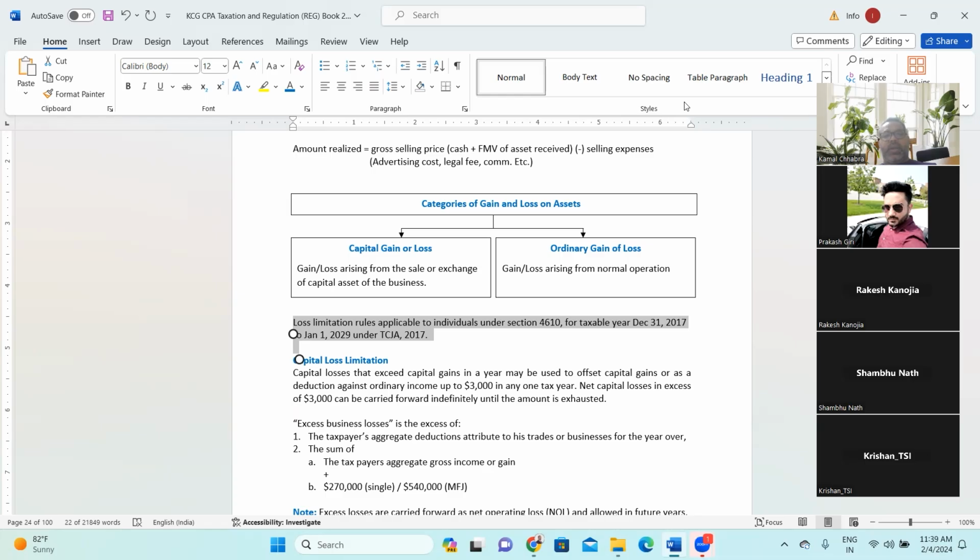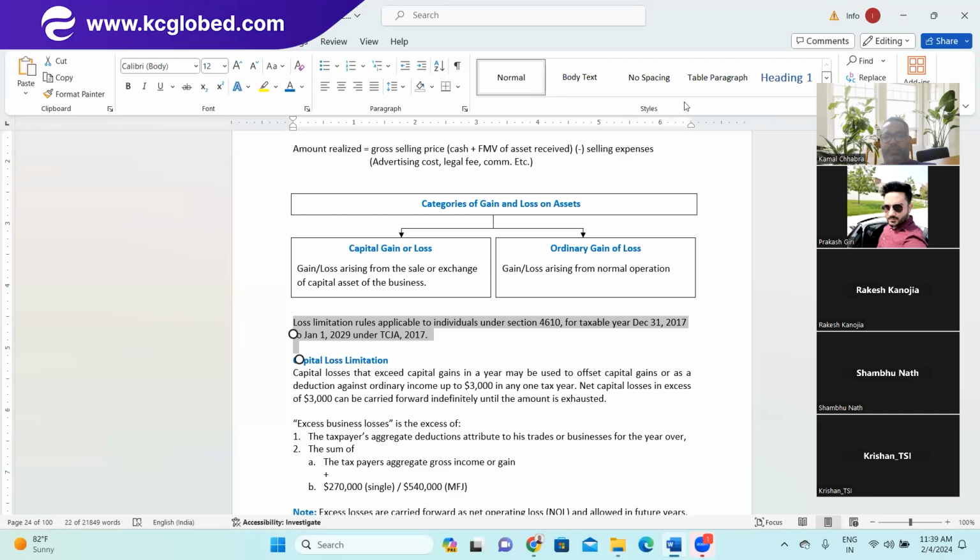Any losses after 2029, at that point of time, they may revisit. Last year, this period was 2017 to 2026, so in the current finance bill, they have increased the limit from 26 to 29.